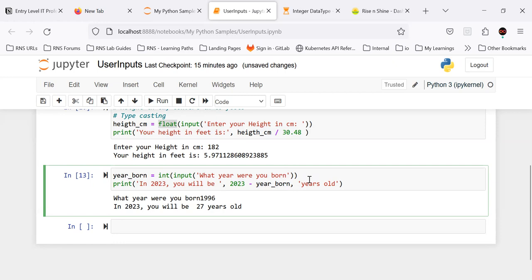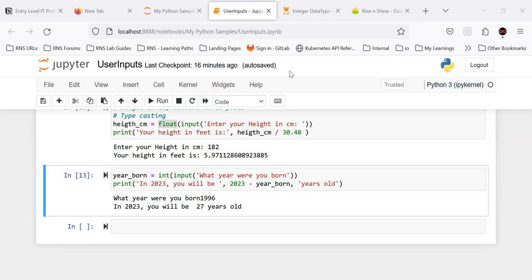Are you getting my points? So how do we use typecasting? Have you understood this typecasting? This is especially about changing data types, from one data type to another.